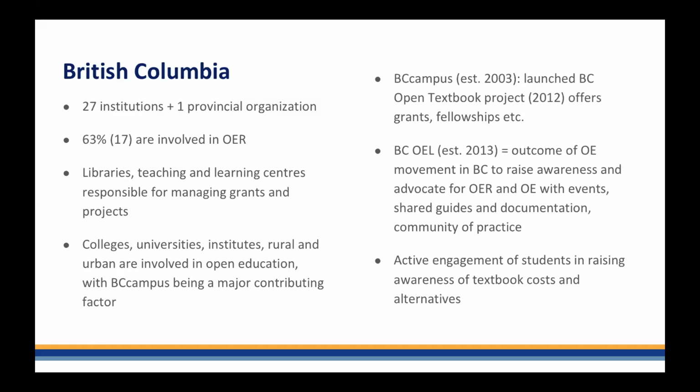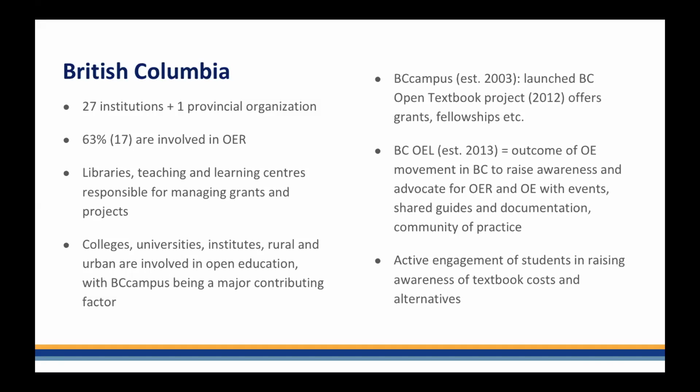Often, libraries and teaching and learning centers together are responsible for managing grants and projects. BC Campus, I don't think it's well known just how old it is, was established in 2003, and in 2012 launched its open textbook project, which awards grants and fellowships.